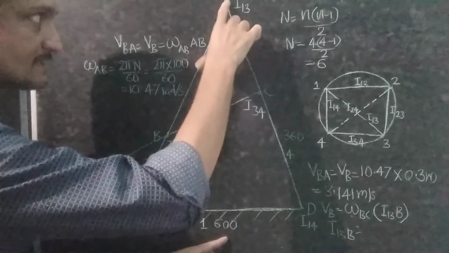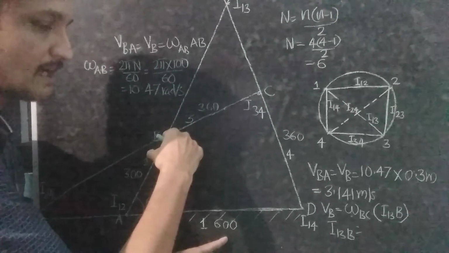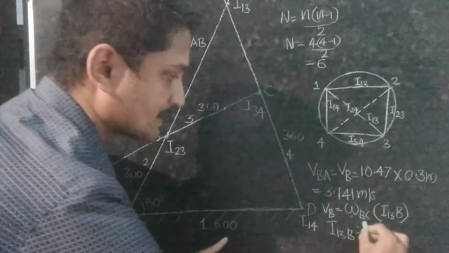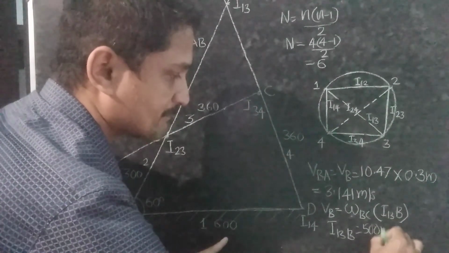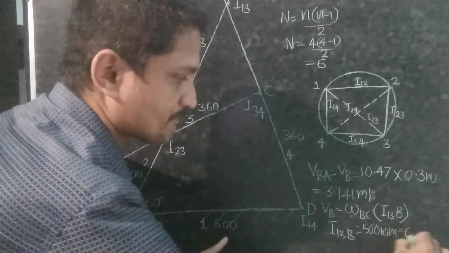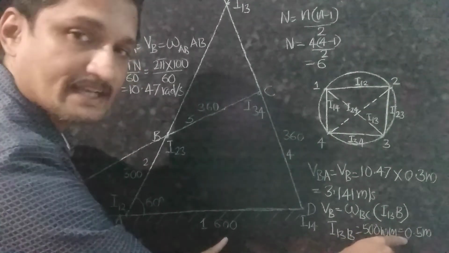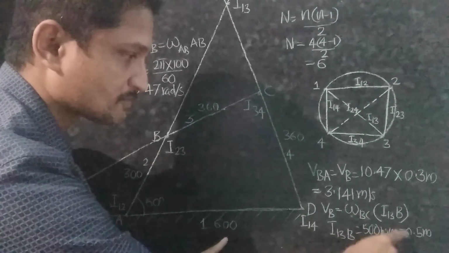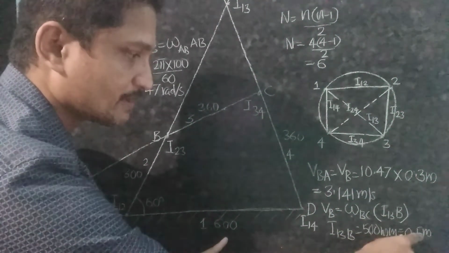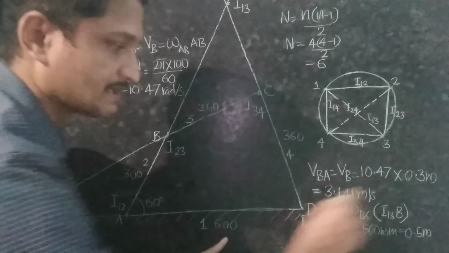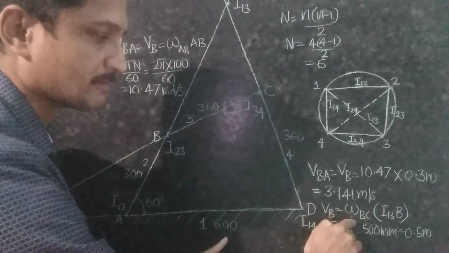By measuring this distance, I13B is equal to 500 mm or 0.5 meter. Then we can substitute 0.5 meter for I13B and easily calculate omega BC.